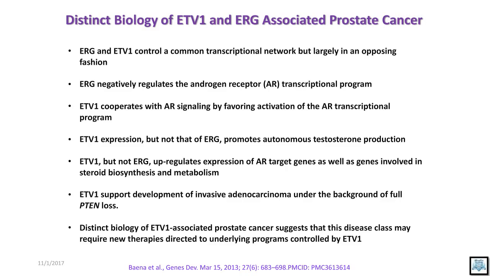This clearly emphasizes the need to classify tumors based on the molecular aberrations. Although these ETS family genes are involved in prostate cancer, they are expressed in a mutually exclusive manner in different tumor foci, and they work through entirely different molecular mechanisms.